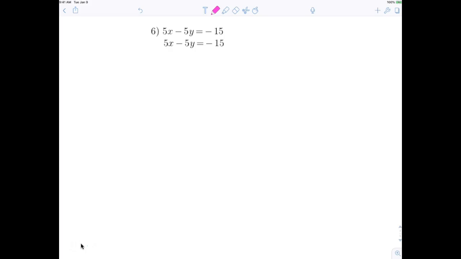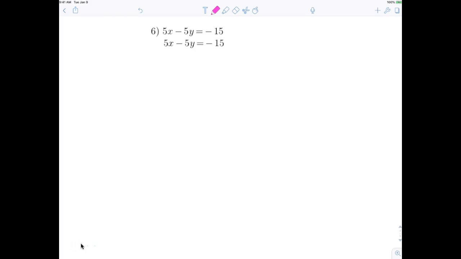Once. No solution if they're parallel, infinite solution if it's the same, and one solution for everything else. For question number 6, everybody should just write down, silly problem, same line, infinite number of solutions. There's no work involved because we paid attention.